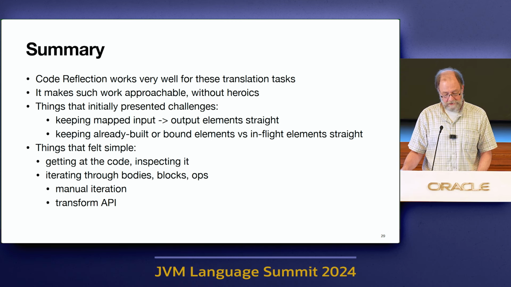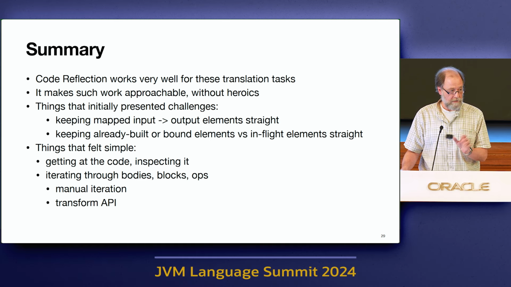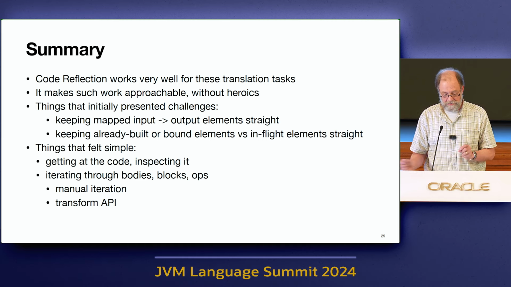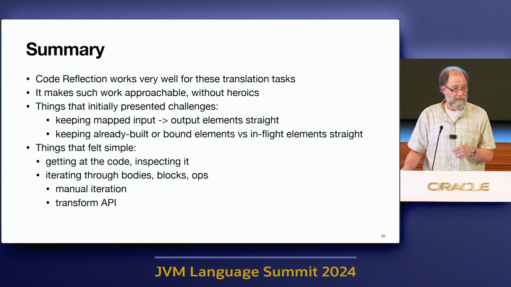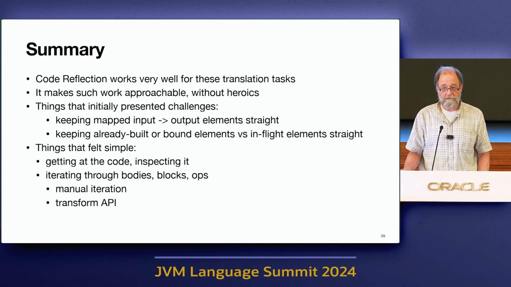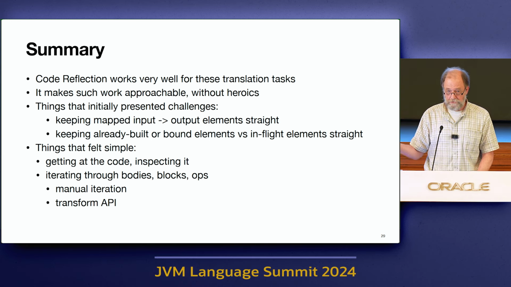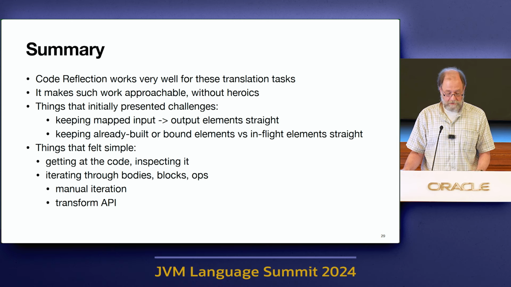The things that presented challenges originally were just the bookkeeping, keeping the input and output values mapped so that they were available later, and remembering the differences between input things that are built or bound and output things that are in flight, because what you can say and do with those is different.